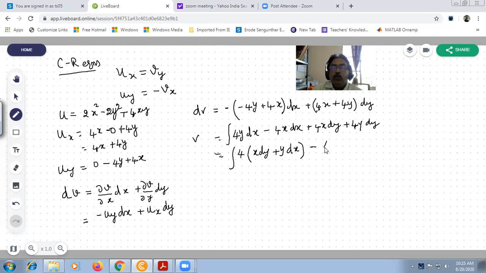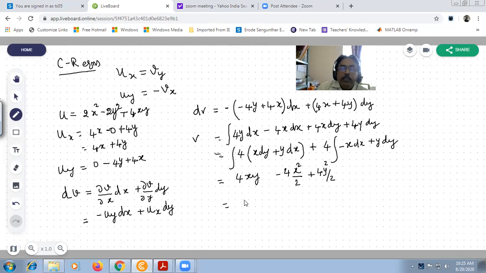This is equal to 4xy minus 4x square by 2 plus 4y square by 2.